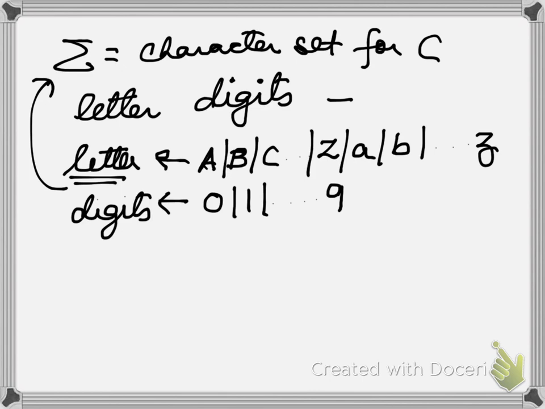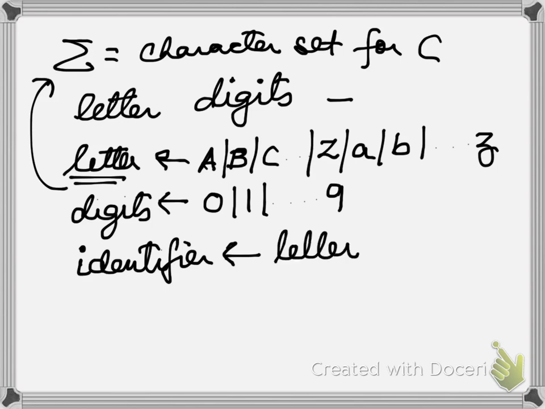Now let us look at the regular expression for identifiers. So we'll have one class for identifier. So identifier is what? Identifier can start with a letter. So the first should be a letter. That means either capital A or B or C up to Z, or small a or small b up to z. So it must start with a letter.